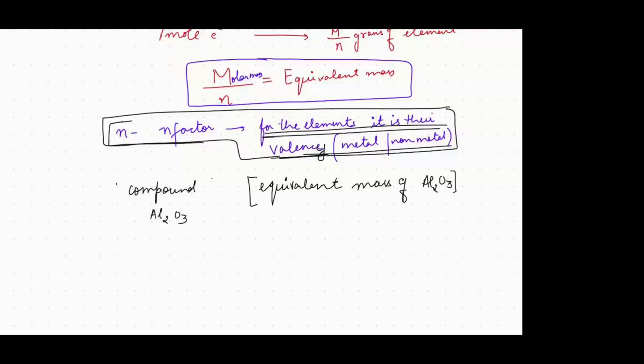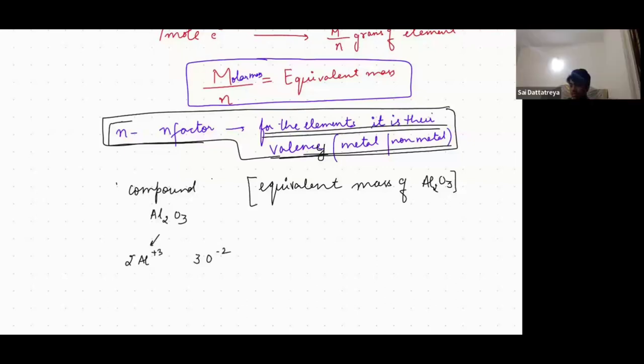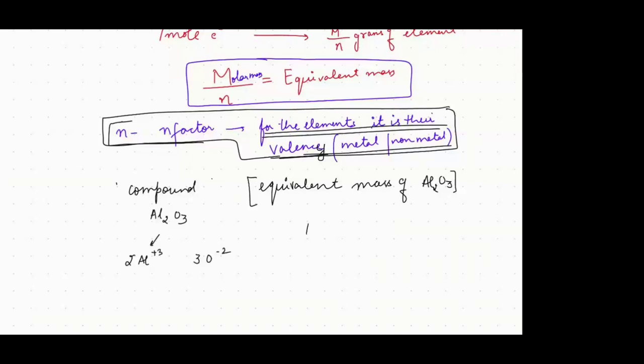Just see. When we are calculating the equivalent mass of Al2O3, we have to understand a very basic part of it, which is that we have 2 aluminium plus and 3 oxygen minus 2. That means there would be 2 aluminium atoms and 3 oxygen atoms.